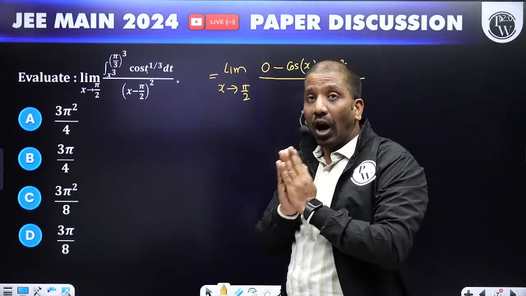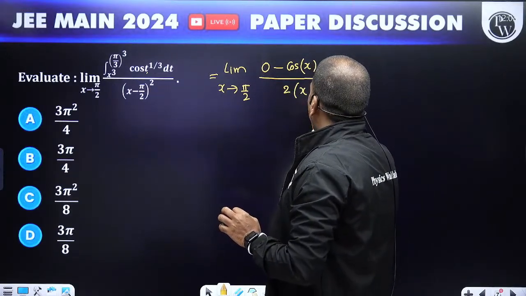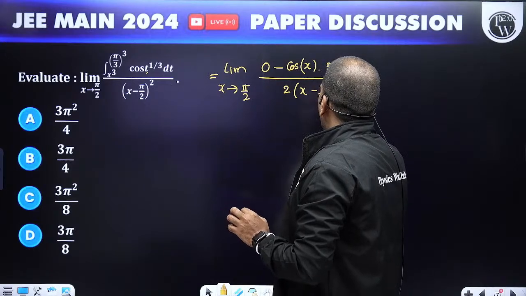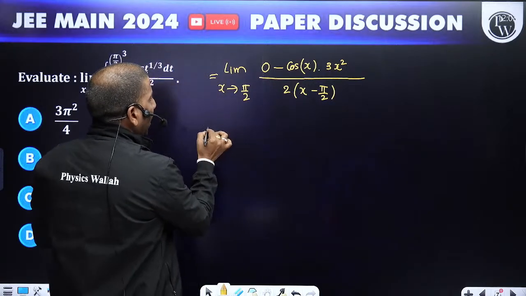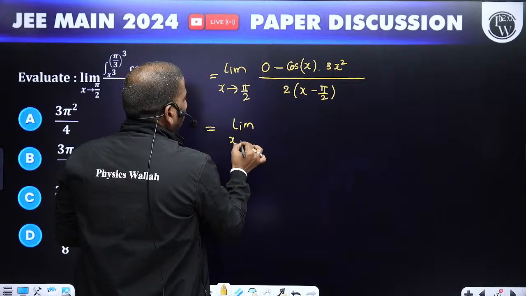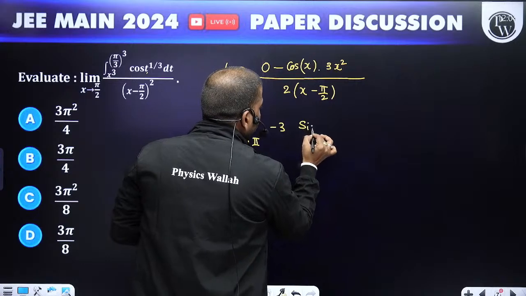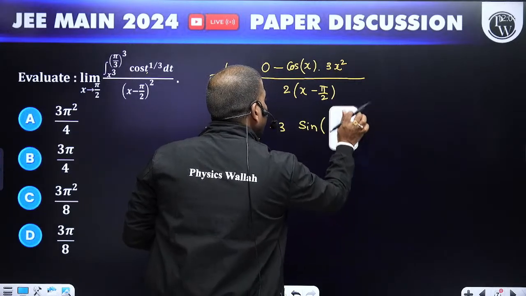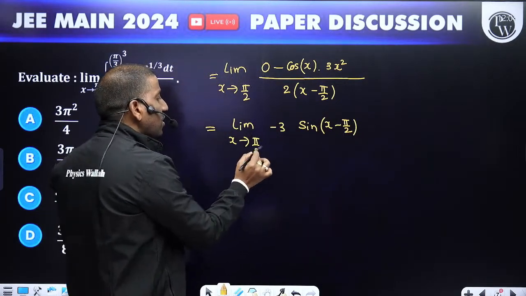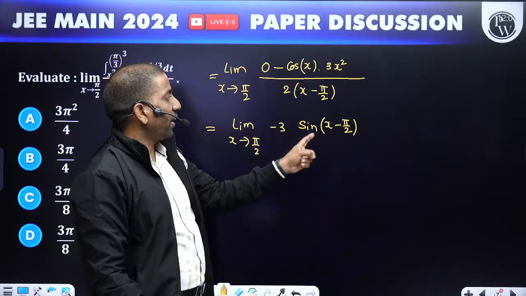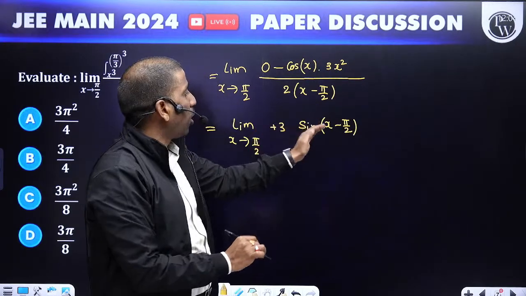This is how we apply L'Hopital rule. Now coming to the denominator, 2 times x minus pi by 2. Let us make a change: cos x as sin of pi by 2 minus x. Sin 90 minus theta is cos theta, and this minus is also absorbed into it.